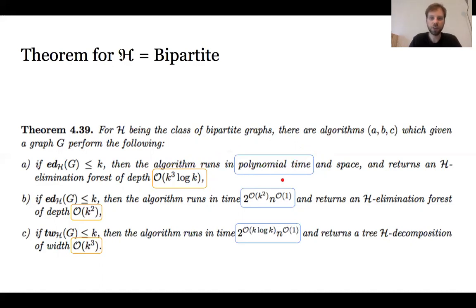In worse running time, we can get a slightly better approximation ratio. And also for H3 width, there is a similar algorithm with a cubic approximation guarantee.